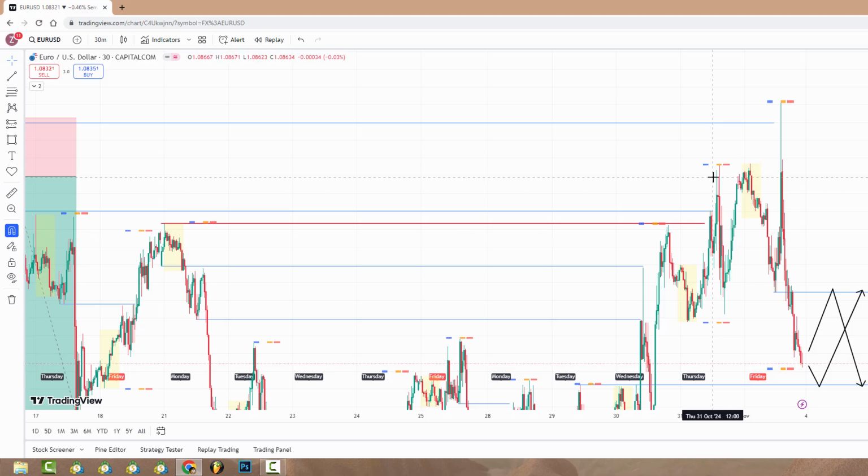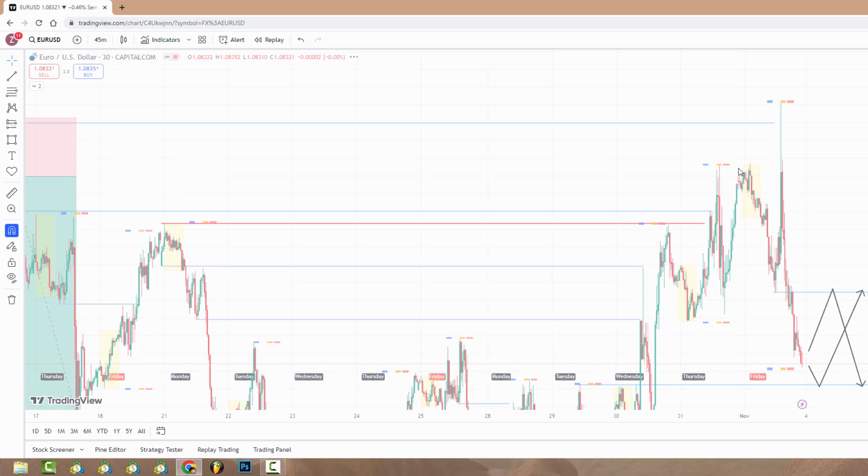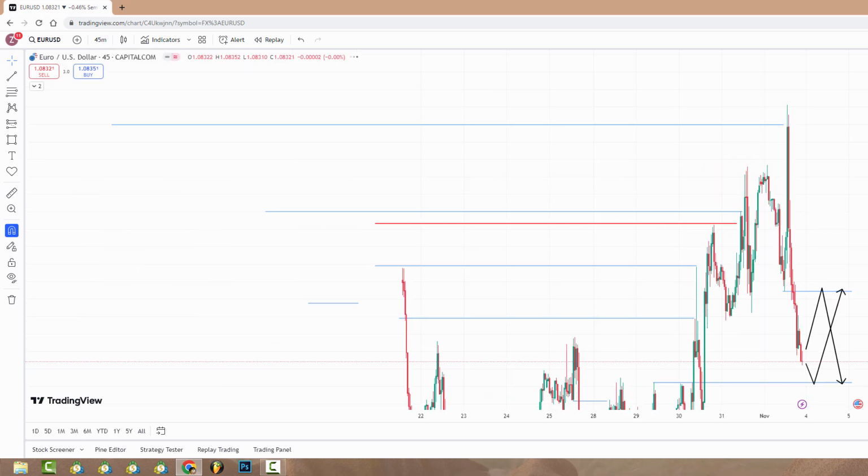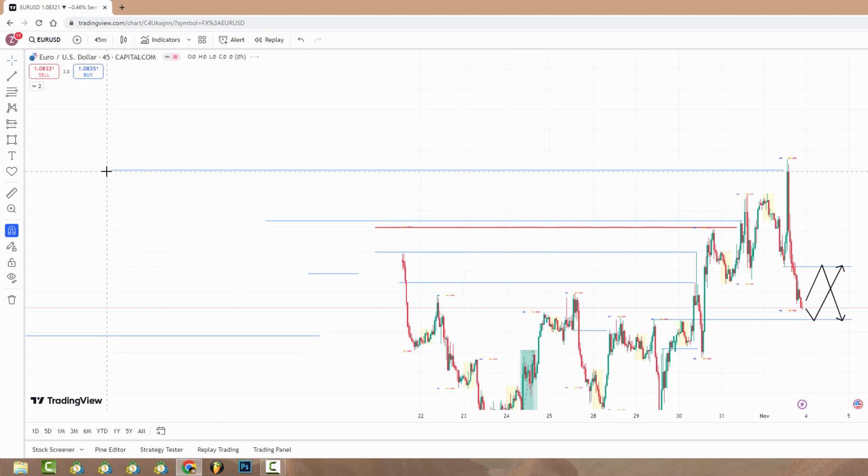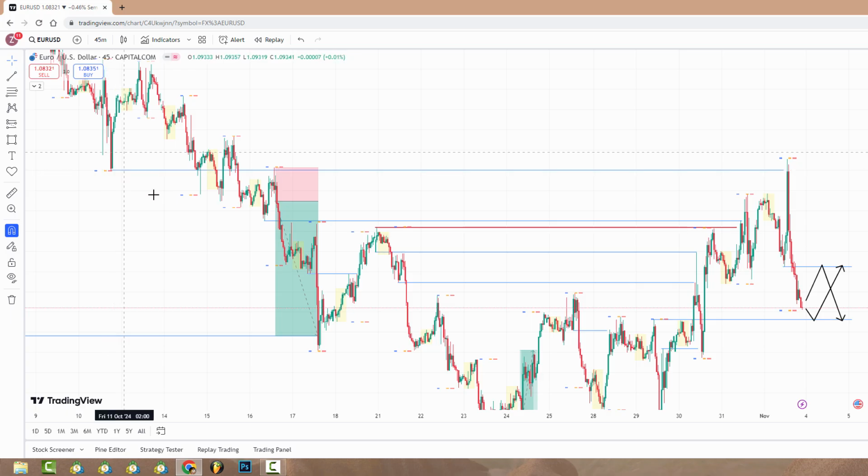Then you can place yourself around here, and you can see these beautiful rejections from wicks, and you can take advantage of some move. Because then we have another efficiency with the price higher to come get. Come make efficiency with this one.